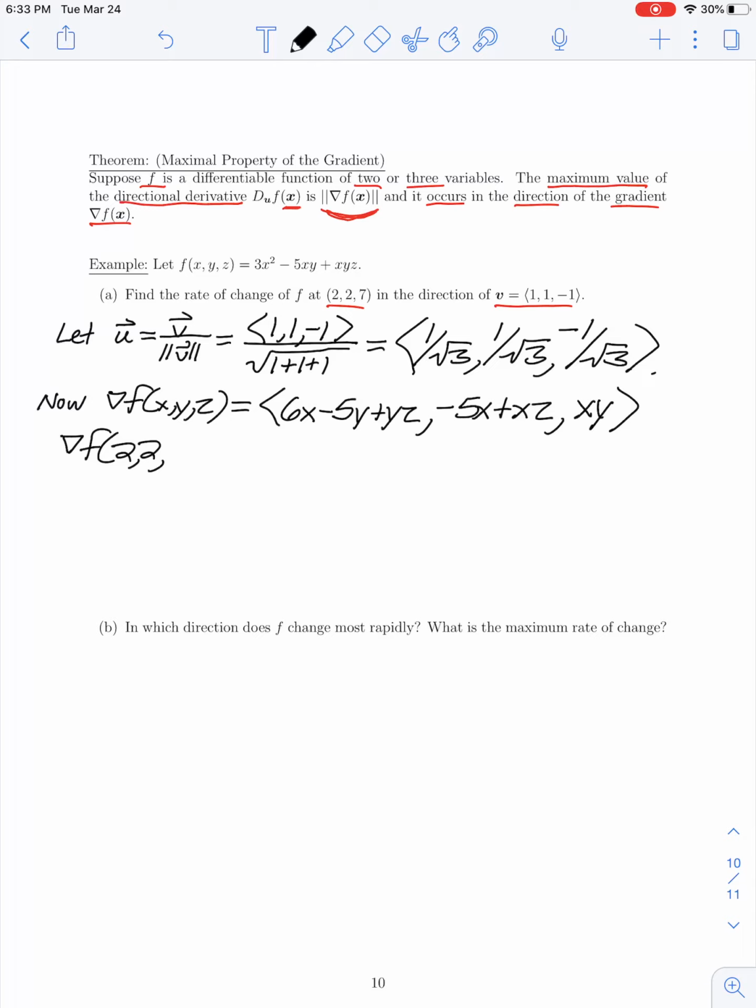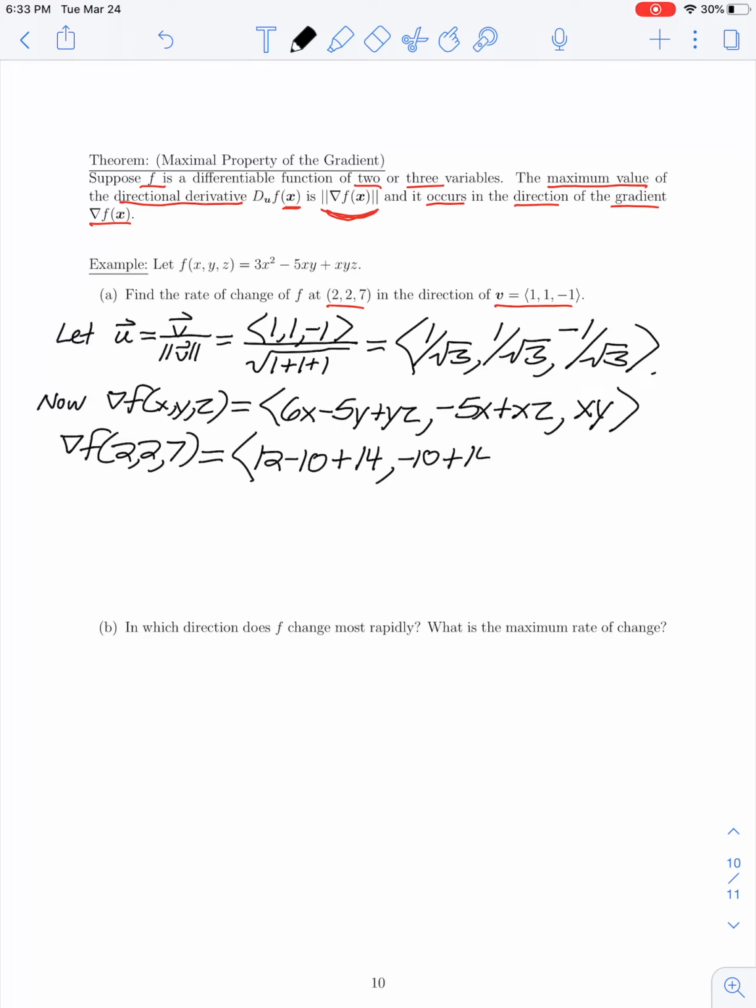And we're interested in the value of the directional derivative at the point 2, 2, 7. So let's evaluate the gradient at this point. For our first component, we're going to have 12 minus 10 plus y times z, which is 14.